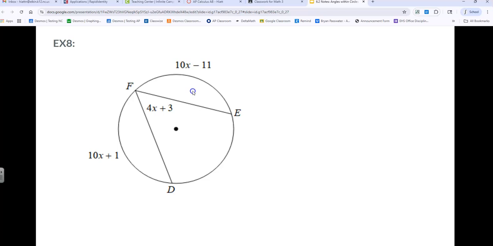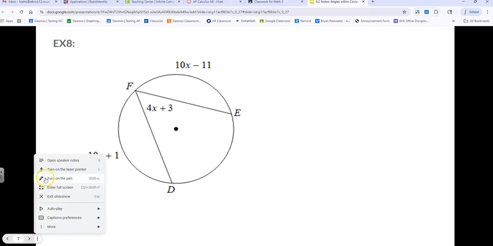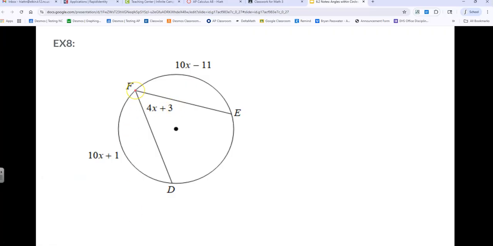So remind me, when I see this angle right here, D F E, what's the name for that angle? What did we call it? What kind of angle is it? Started with an I. Inscribed. So it is an inscribed angle.